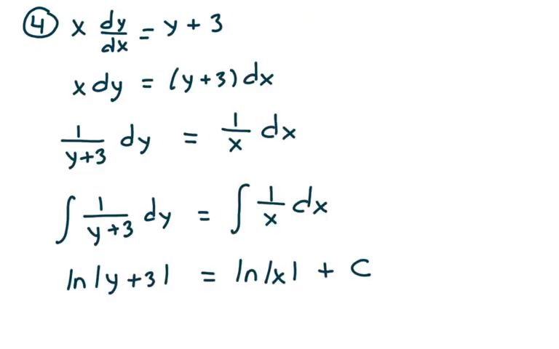And so, what do I do to solve for y? Well, we go like this. We're going to take e to the natural log of the absolute value of y plus 3. That's the left side. On the right side, we get e to the natural log of the absolute value of x plus c. Right?